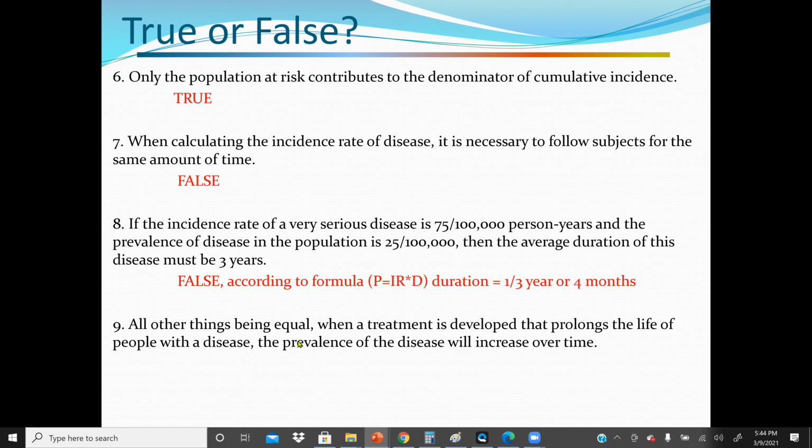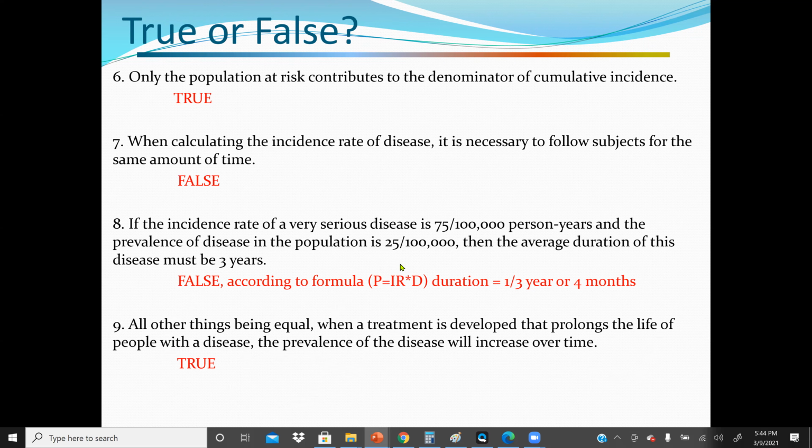All other things being equal, when a treatment is developed that prolongs the life of people with a disease, the prevalence of the disease will increase over time. That is true, because it prolongs the life of people with the disease, so we are going to have many people with the disease and the prevalence will increase.